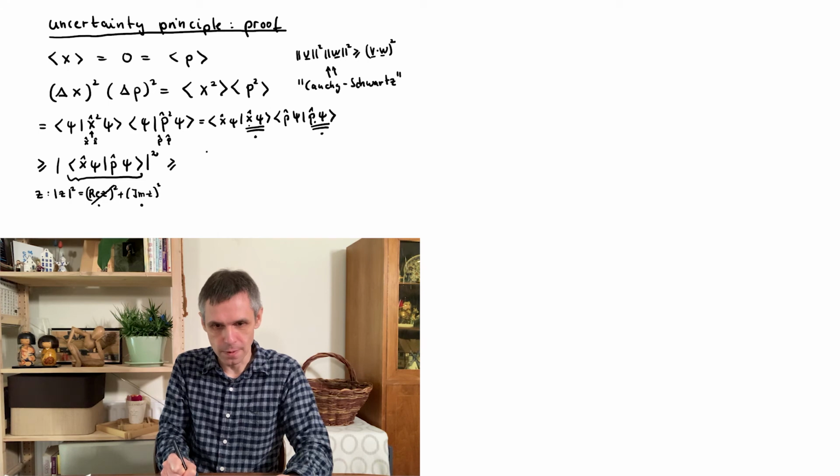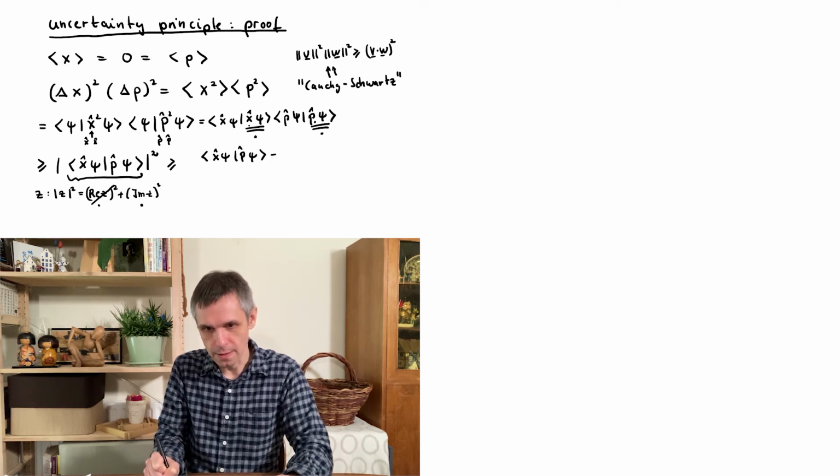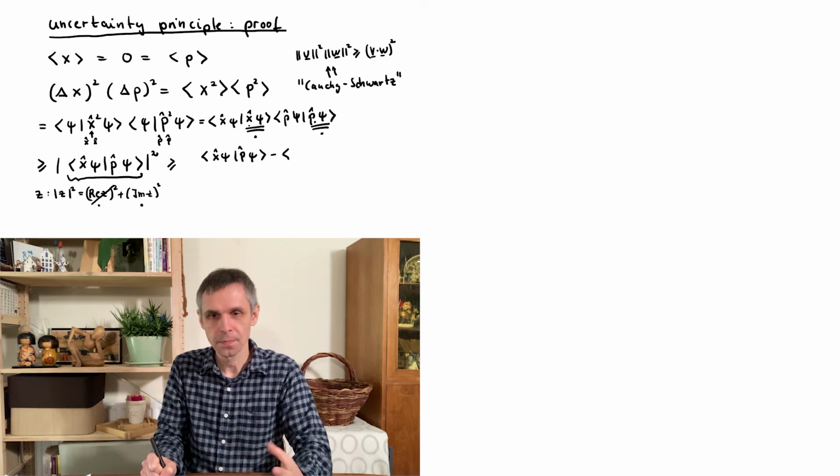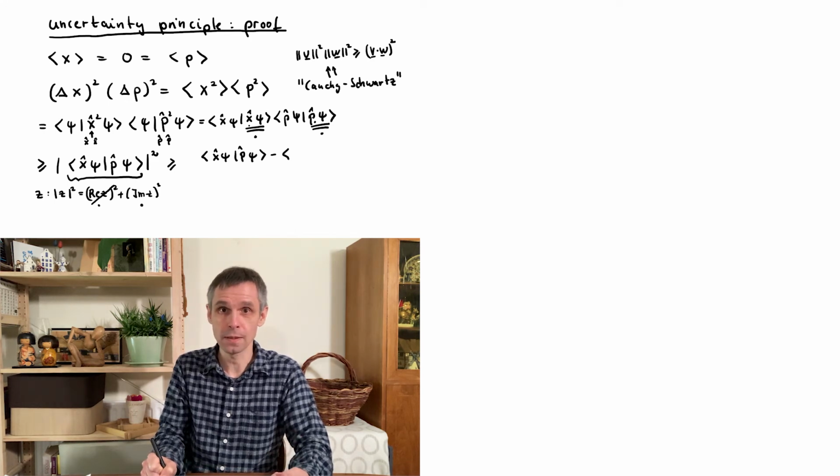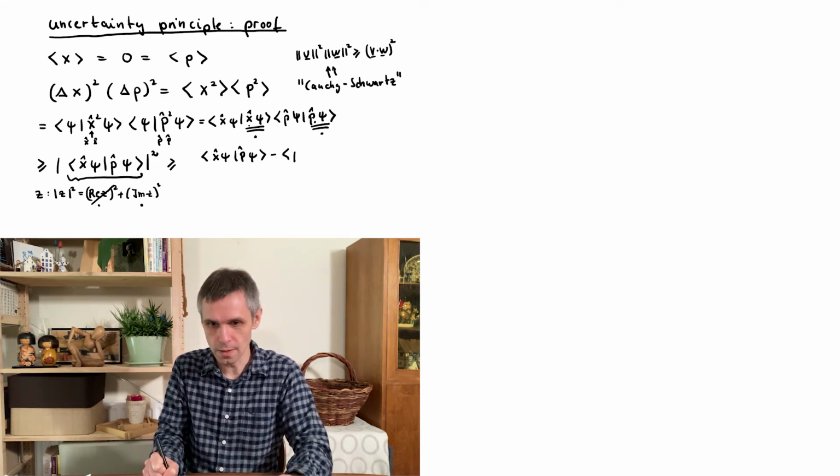And this imaginary part we can simply write in terms of the scalar product by subtracting its complex conjugate. Now for the scalar product, this simply means to interchange the role of the two entries. So we obtain this expression here.